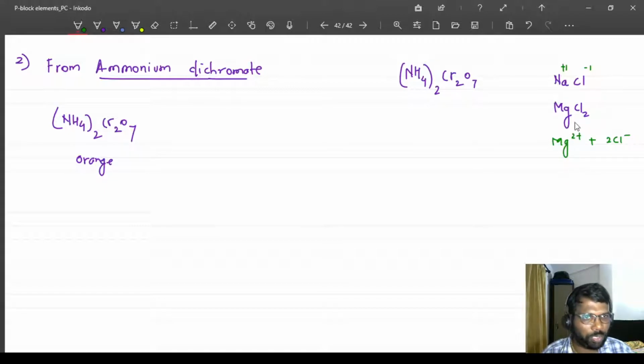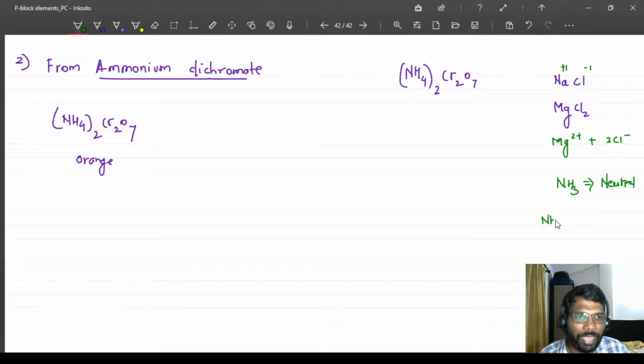This is how any compound is, the whole compound is neutral. So (NH4) twice is written and this is Cr2O7, right? If I write NH3, it is a neutral molecule. There is no charge on it.